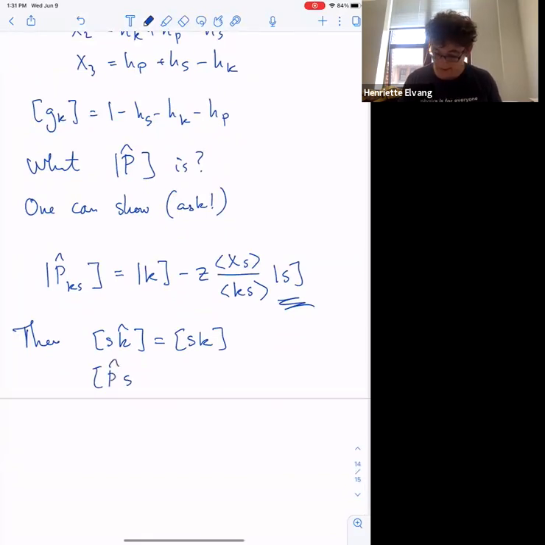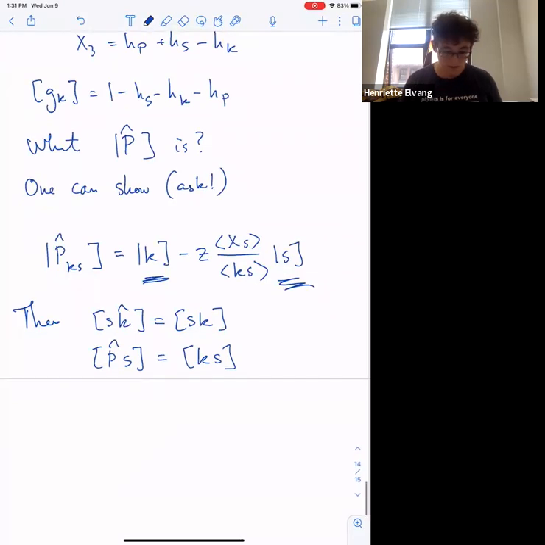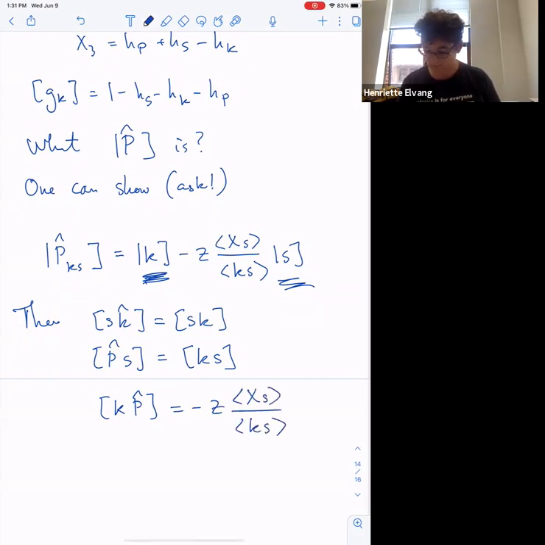Then p hat with s will likewise give ks because you only pick up from the first piece. But in k with p hat, I eliminate the first piece and pick up minus z times xs divided by ks, multiplied by square bracket ks that comes from this part here.